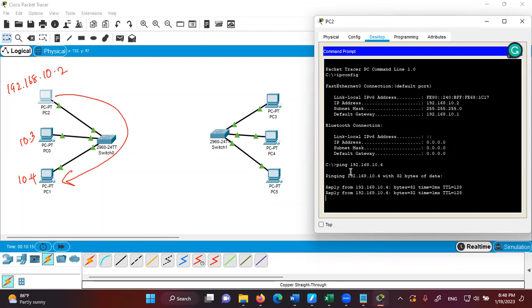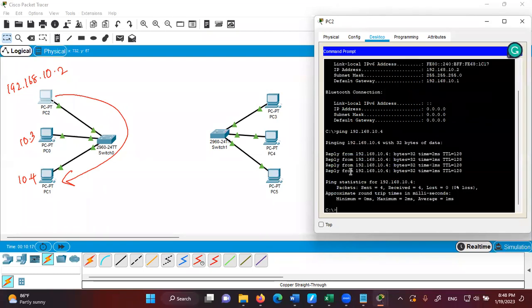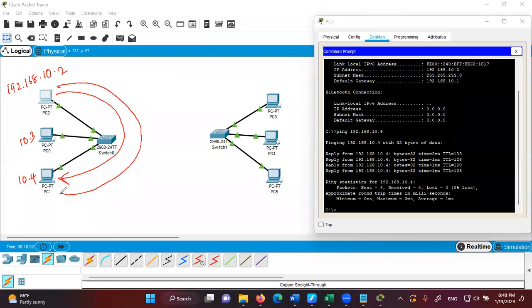So replies are coming. The meaning of that is from this computer, I just give a ping to this computer and it replies. That means the communication is there.